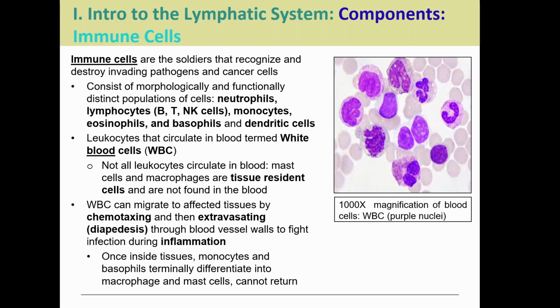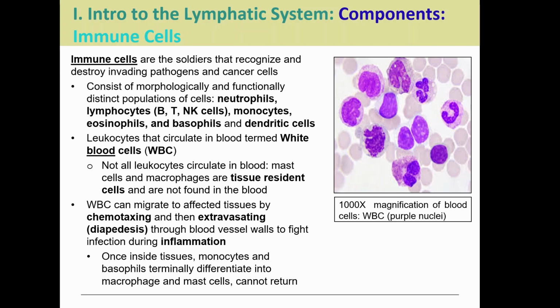Now, leukocytes that we find in the bloodstream we call white blood cells, but not every leukocyte is found in the blood. We also have things like mast cells and macrophages. These guys are actually found in the tissues. They're not in the bloodstream. And we'll talk about where those guys come from because they do originate in the blood and then make their way into the tissues where they lock down. White blood cells are able to get there because they can migrate to tissues through what's called chemotaxing and extravasation.